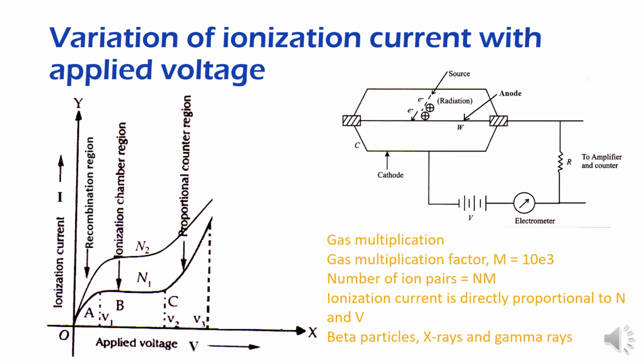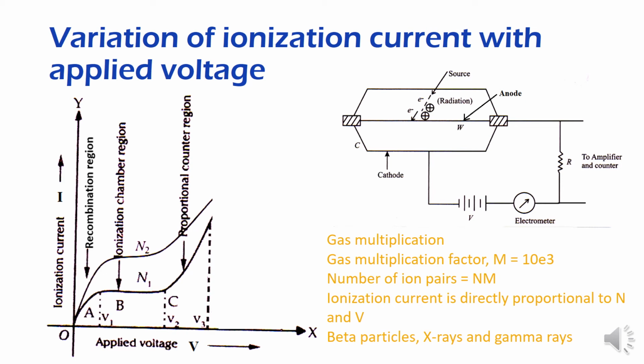And such a type of variation we are going to notice between a voltage range V2 and V3, and this particular voltage range or region is called as proportional counter region, because here we are going to see the proportionality relationship between the current and N, current and applied voltage.